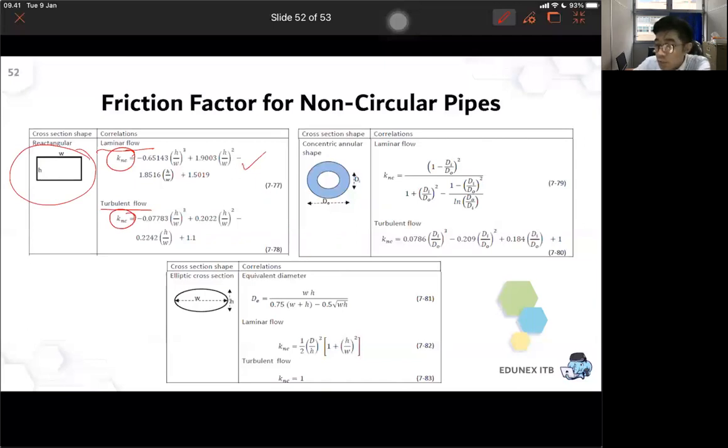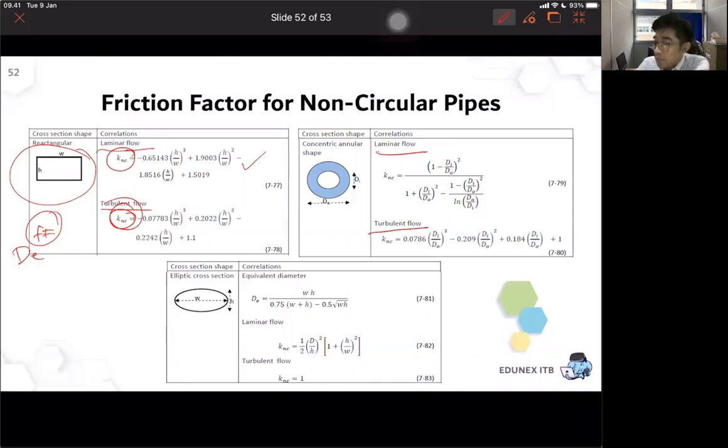Don't forget, you still need to calculate the equivalent diameter and then calculate the friction factor, then multiply this one and this one. For the annulus, the concentric annular shape, then for laminar and for turbulent, it has a different equation. It will be a function of the inner and outer diameter.